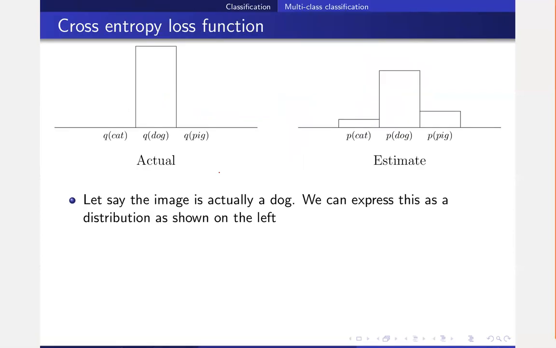Let's say I have the estimated probabilities I computed here for cat, dog, and pig. Now let's say I have two cases here. Let me sketch another case. This is classifier 1. This is classifier 2.